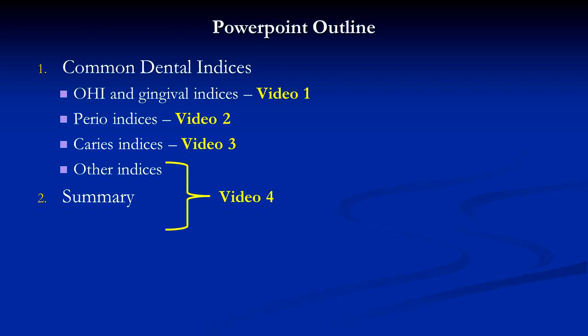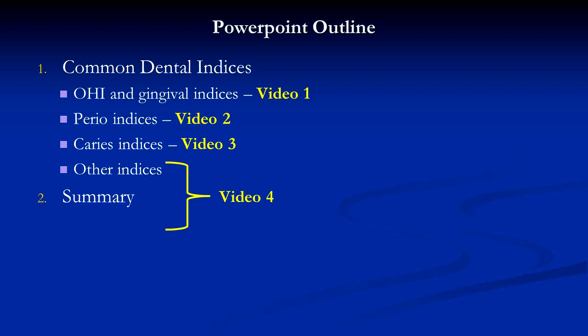And I want to say up front that there's a lot of information on each one of these indices that we're going to go over. And I don't want you to spend a ton of time learning the particulars of a 1 means this, a 2 means this, and you'll understand what that means here in a second.